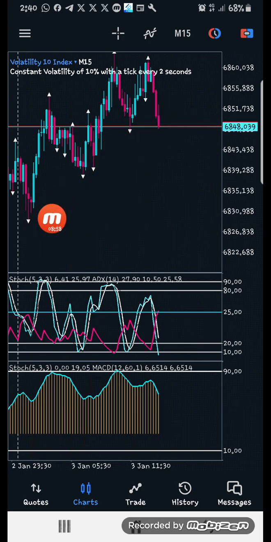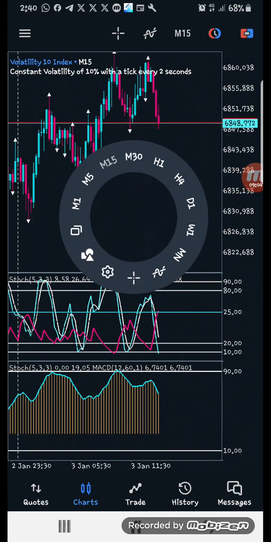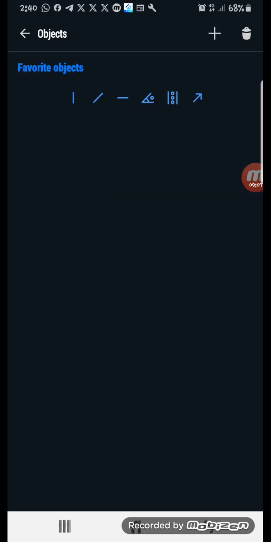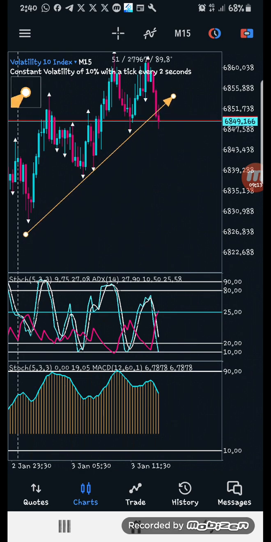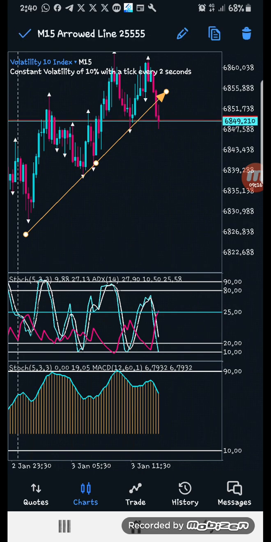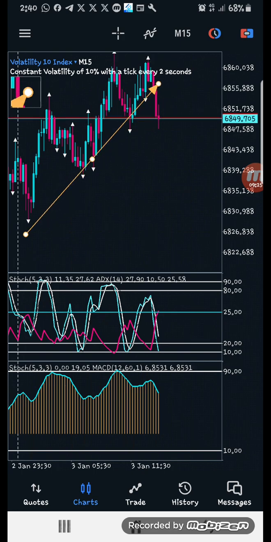If you draw your trend line now, you see that this enters the uptrend. For instance, if we draw our trend line here now, using the fractals, the arrows beneath the candles, you see that this is clearly an uptrend.